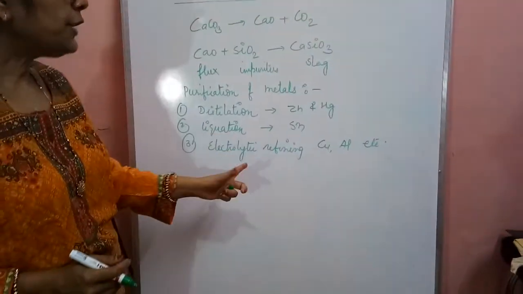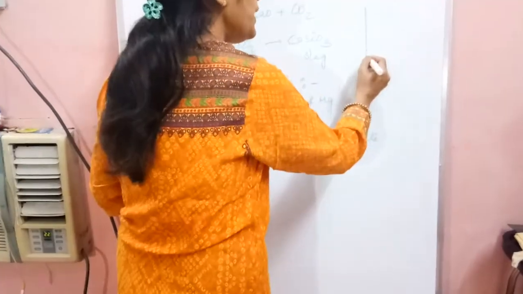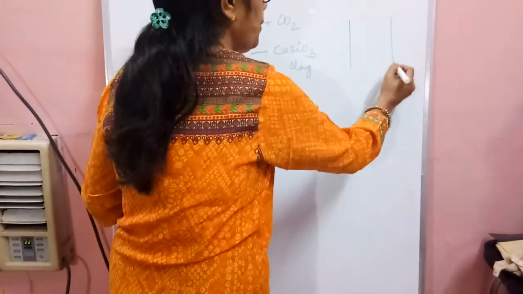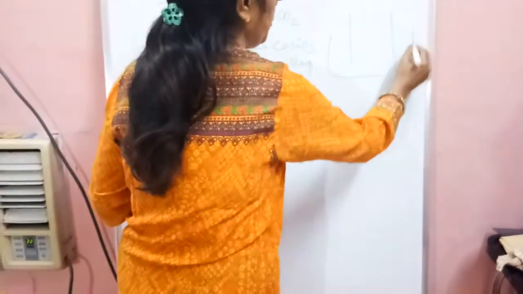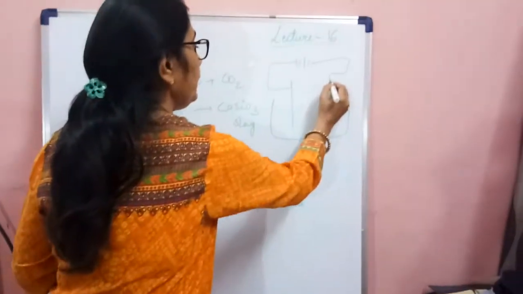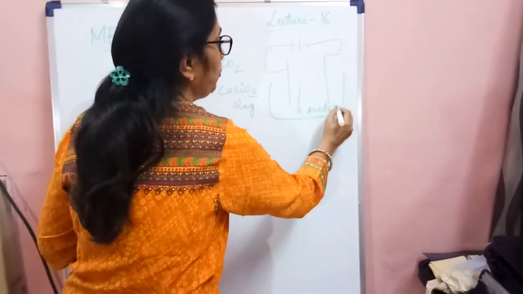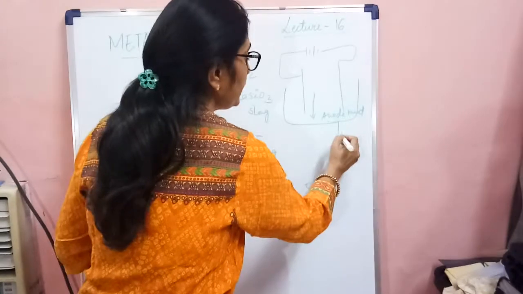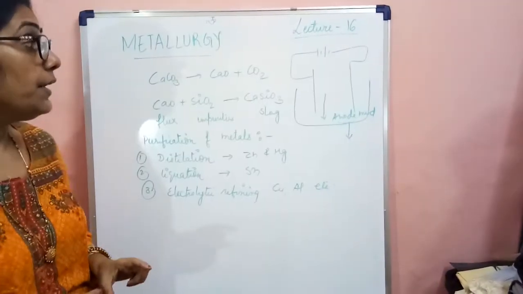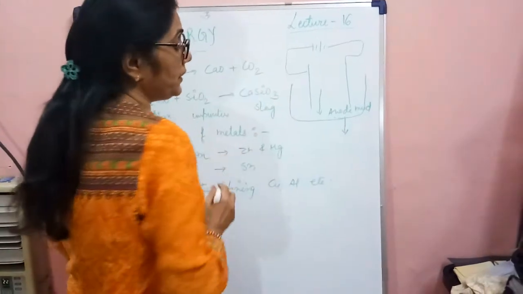So during electrolytic refining, what happens? The impure metal is made the anode, the pure metal is made the cathode, and then the impurities settle down as anodic mud. Suppose we do the electrolytic refining of copper by using copper sulfate.